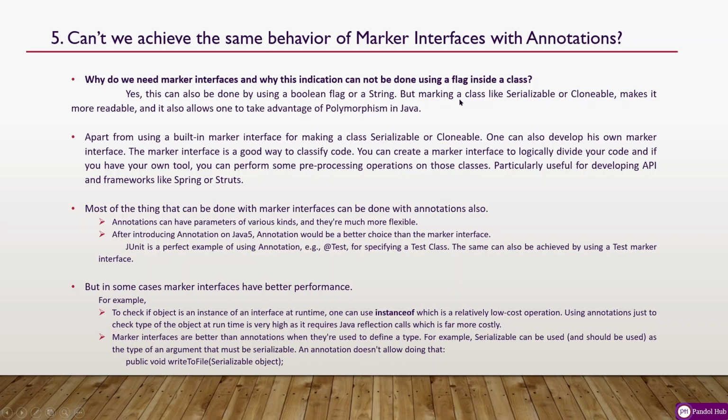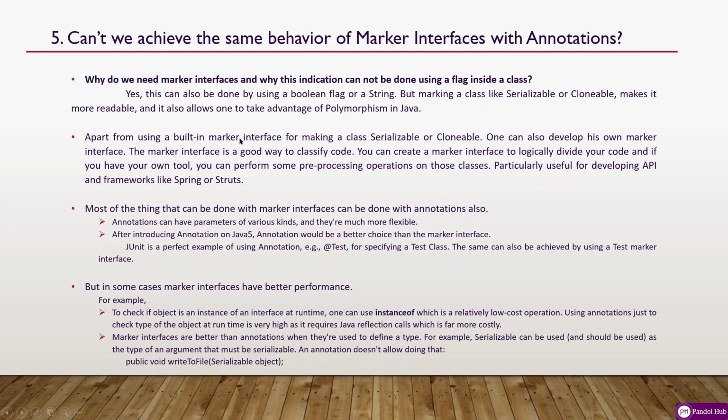So what it says here is, if you have your own logic inside a class to perform certain behavior, instead of doing that, if you mark a class as serializable or cloneable just by implementing an interface, it helps us to tag a class and it is easy for user readability.